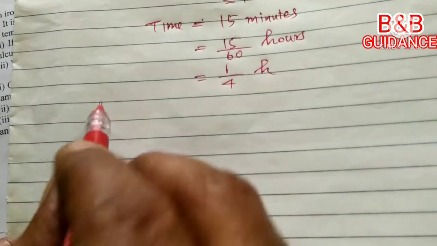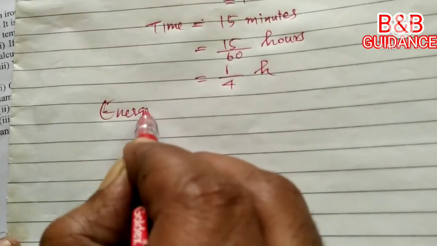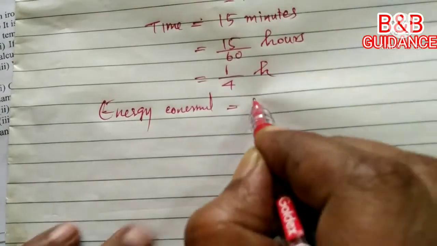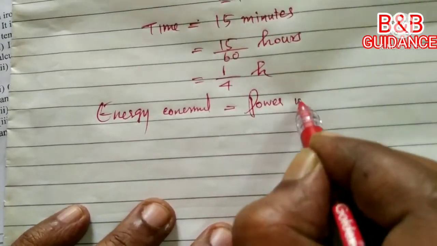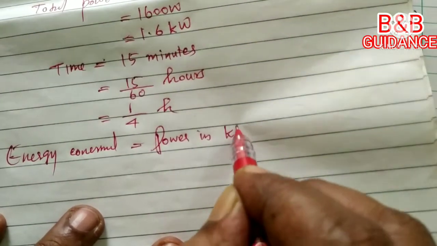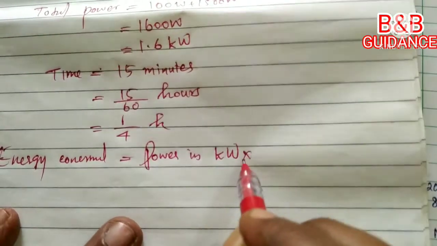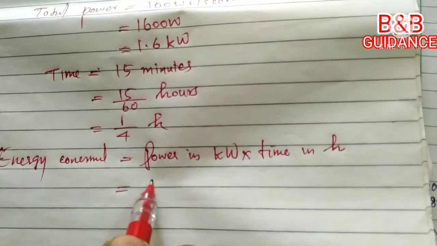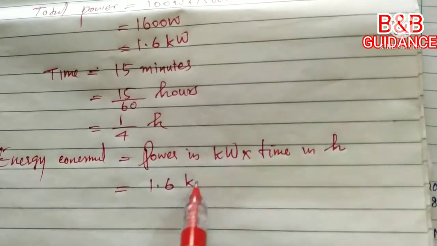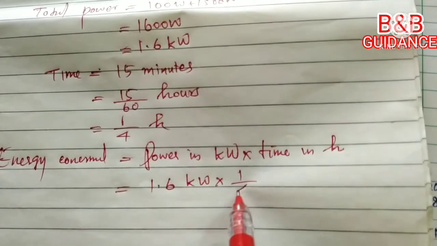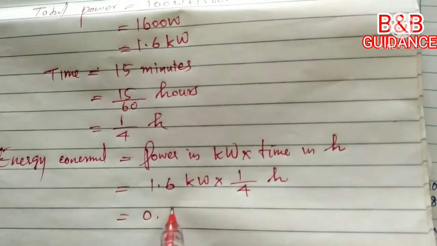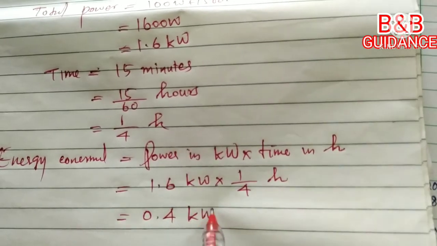Well, so energy consumed is equal to power in kilowatt multiplied by time in hour, that's equal to 1.6 kilowatt multiplied by 1/4 hour, that's equal to 0.4 kilowatt hour. This is the expected answer.